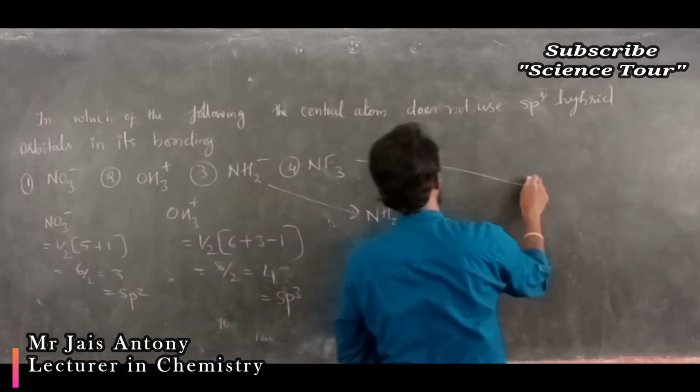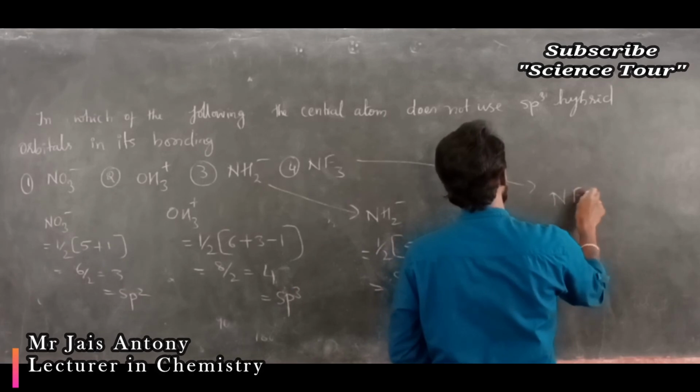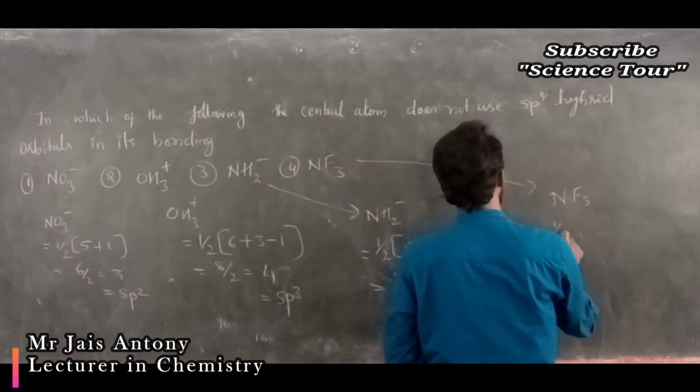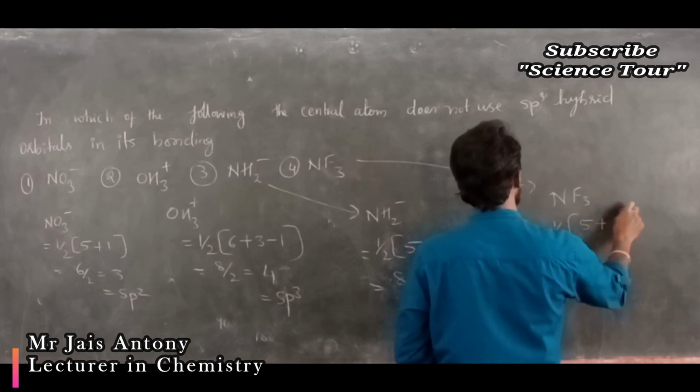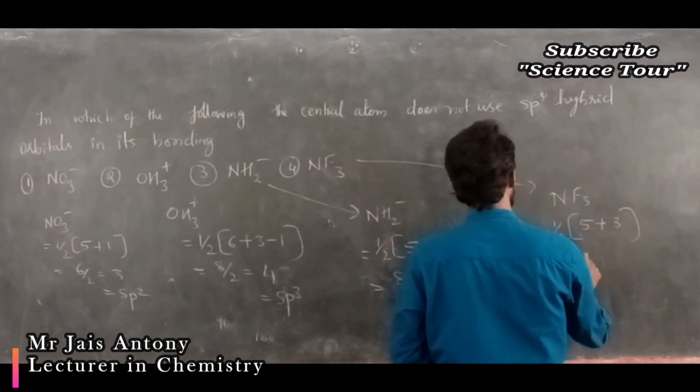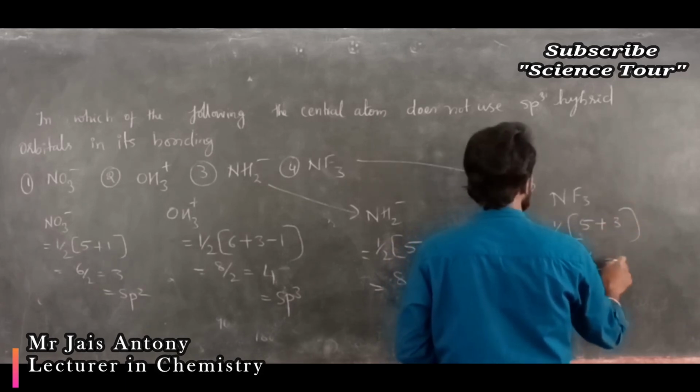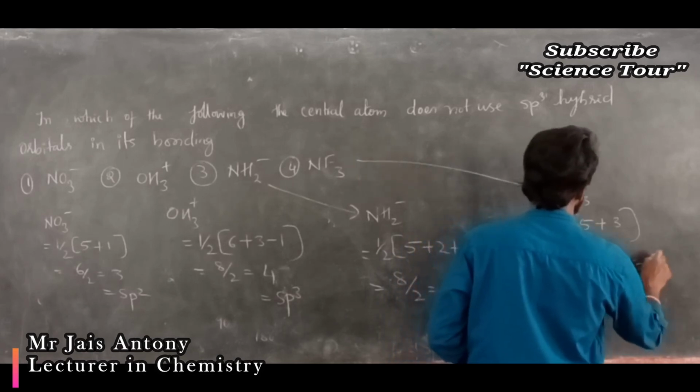Last one is NF3: nitrogen has 5 valence electrons, 3 fluorine atoms, 5 plus 3 is 8, divided by 2 is 4, sp3, my dear students.